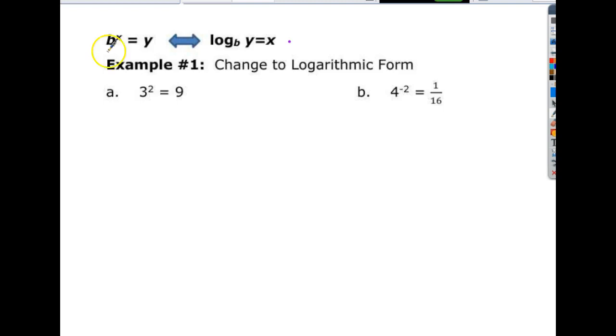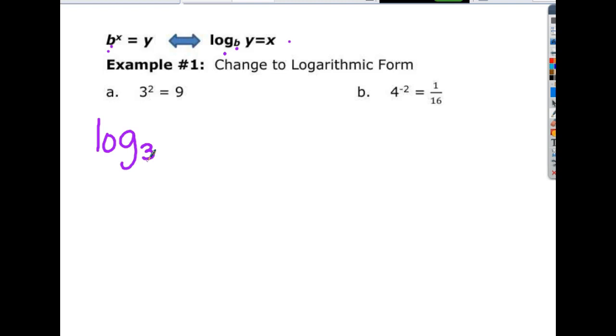So, to change from an exponential to a log, I'm going to have the word log, and the base of the exponent is also the base of the log. So, what's the base here? This 3 is a subscript. It's little and down a little bit.